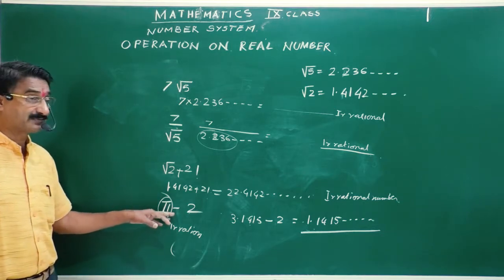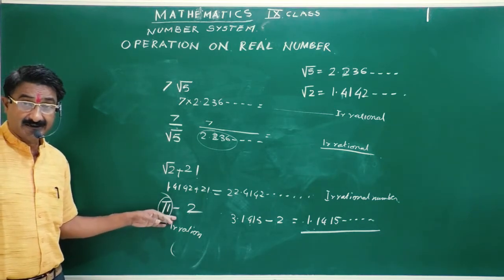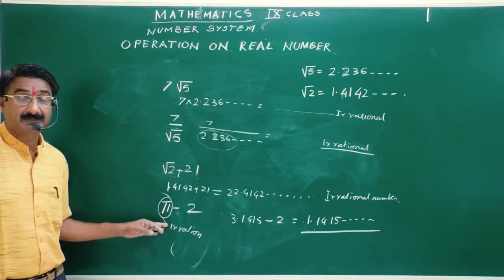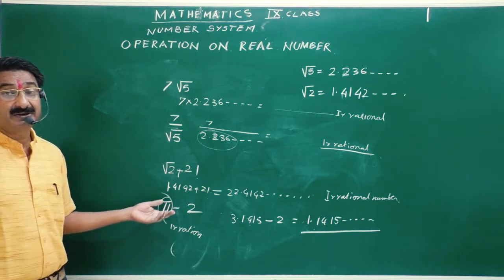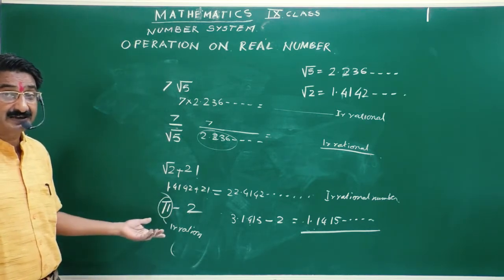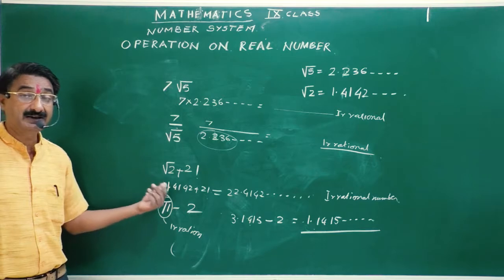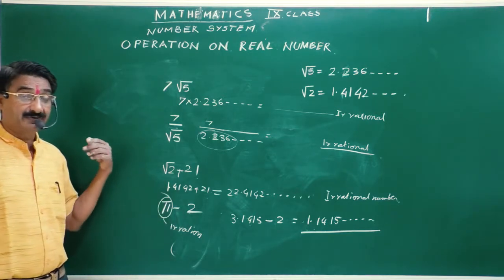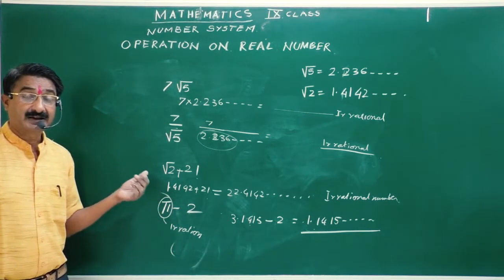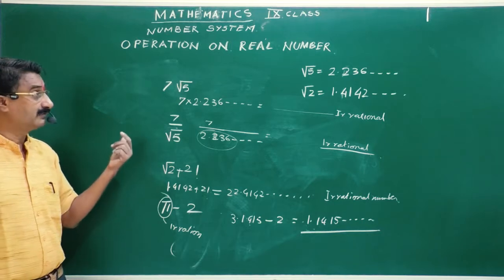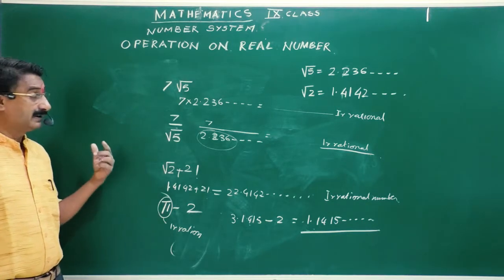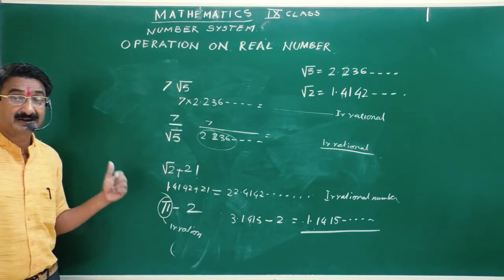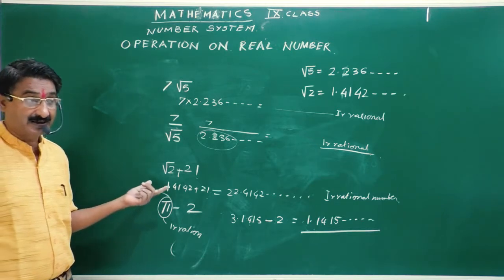It means if we subtract a rational number from an irrational number, the number we get will be irrational. If we add a rational number to an irrational number, we will get an irrational number. If we multiply an irrational number by a rational number, you will get an irrational number. If you divide a rational number by an irrational number, you will get an irrational number.